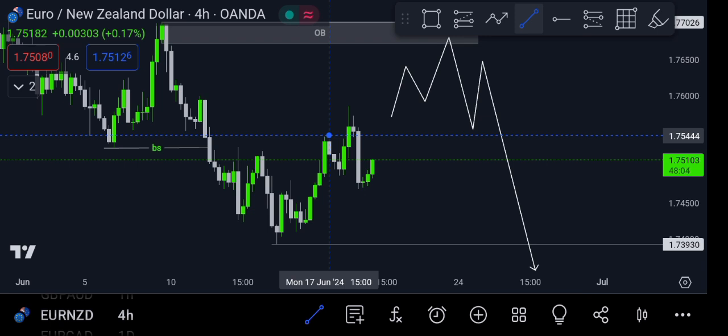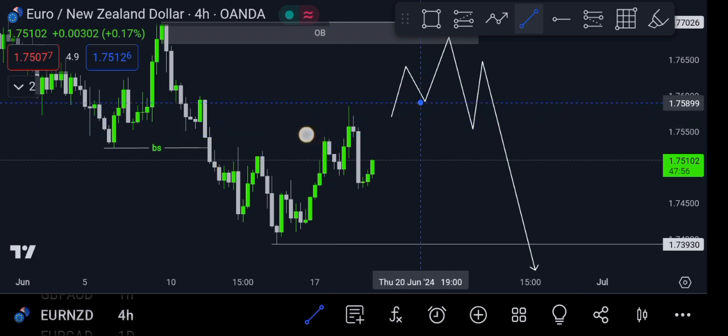And confirmation also reduces our risk, guys. We'll be risking less and gaining more. Basically, we'll be getting a sniper entry.